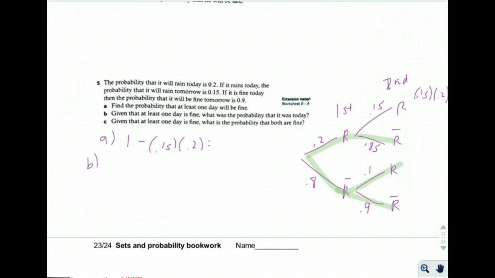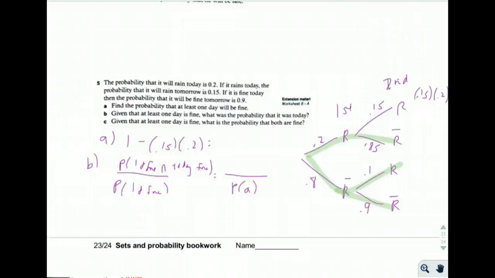B. Given that at least one day is fine, what is the probability that it was today? So on the bottom we put the probability that at least one day is fine, which is the probability of A. And on top we put the probability that one day is fine and that day was today.